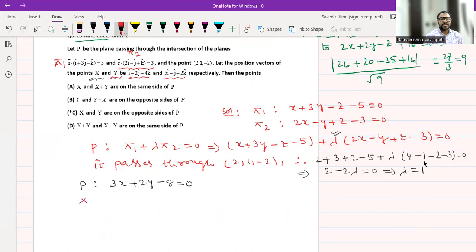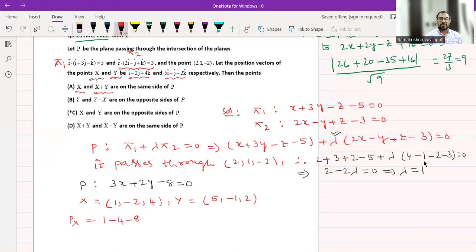So first, what is the x point? That x point equal to 1 minus 2, 4. And what is y point? Y point is 5 minus 1, 2. We need to substitute these 2 points in the plane. But they are asking, you see, first option is x, x plus y. So what is p of x? Substitute x point in this. So 1 minus 4 minus 8.